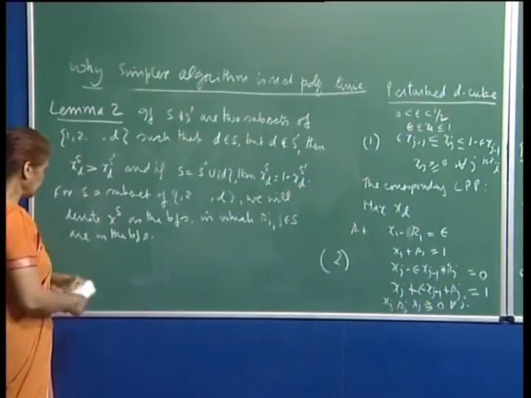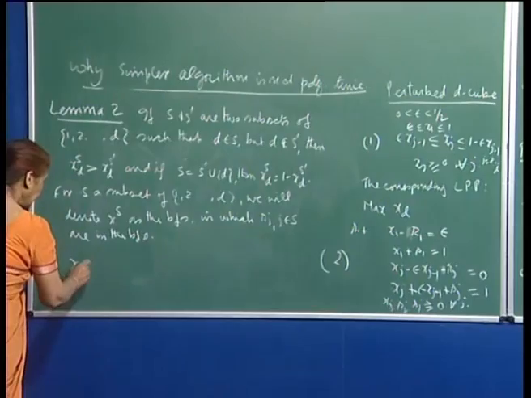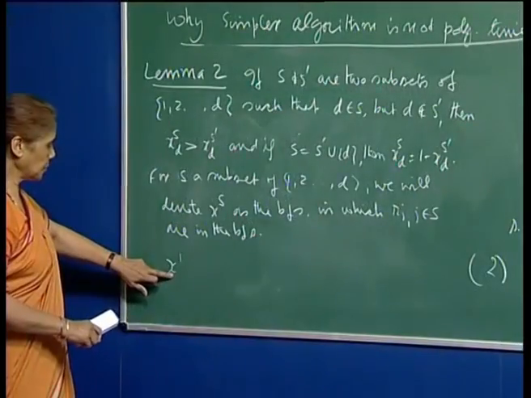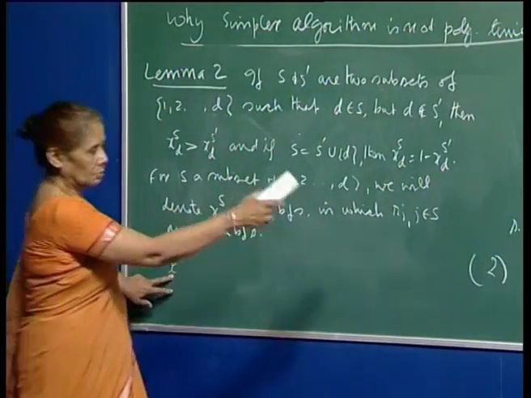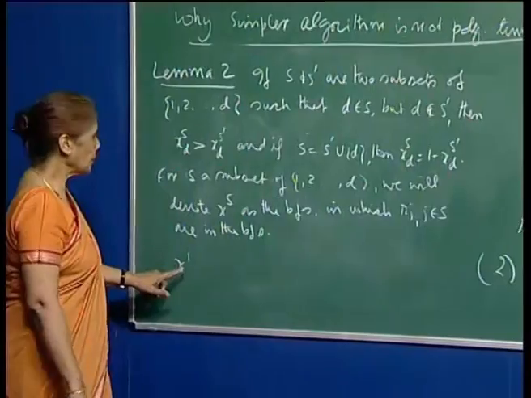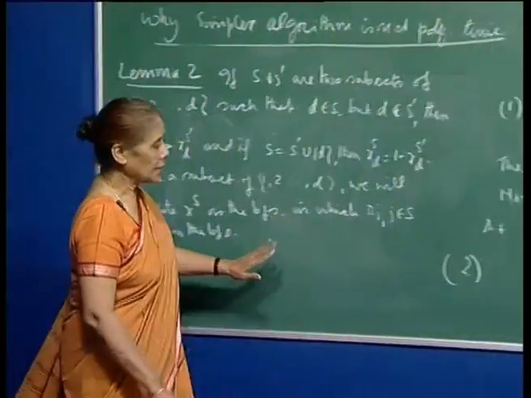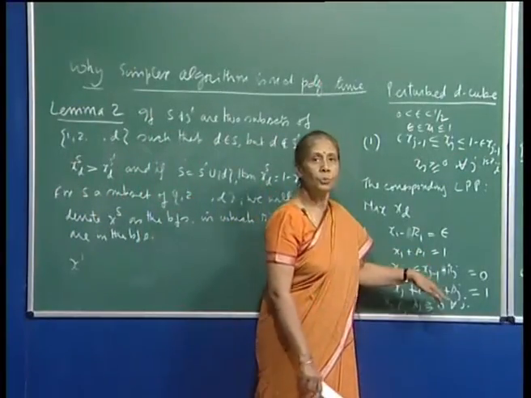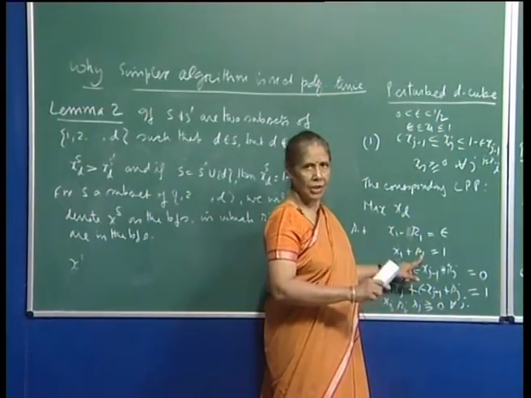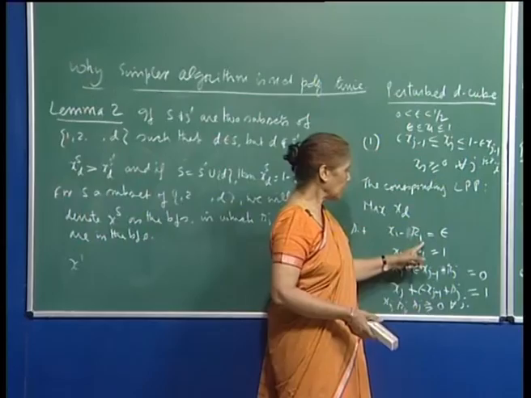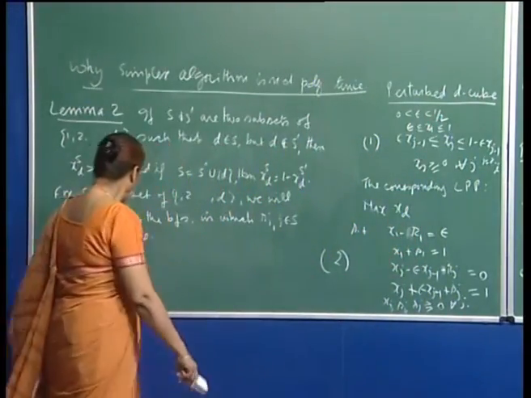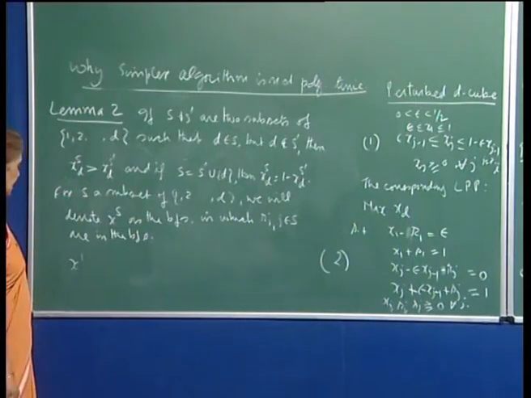That means, for example, if I simply say X1, then this is a basic feasible solution to the system in which R1 is in the basic feasible solution. That means, for the remaining indices 2 to d, Sj is present, and so R2, R3, Rd are all zeros if you consider the basic feasible solution X1.